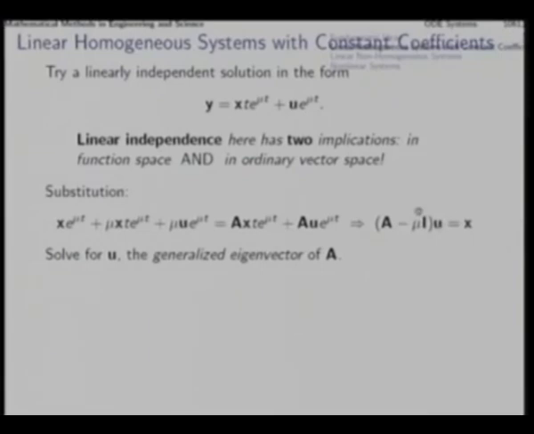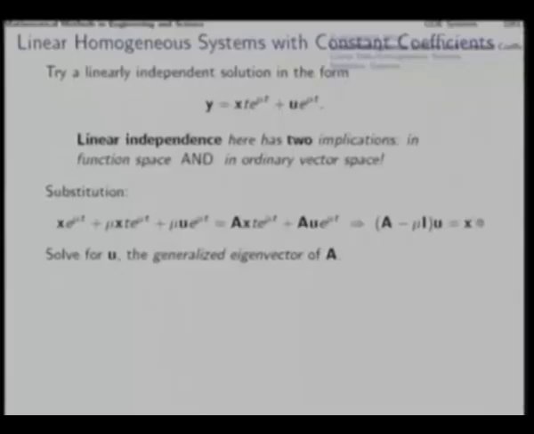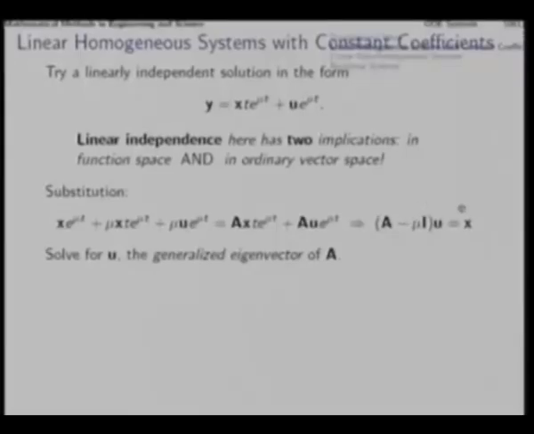So, the entire terms related to u are taken on one side, and we have got this system of equations in u. Now, remember from the discussion of our eigenvalue problem module in linear algebra that as x is an eigenvector of A corresponding to eigenvalue mu, the solution of this system of equations will give us a vector u, which will be the generalized eigenvector of A corresponding to this eigenvalue and this eigenvector, right.